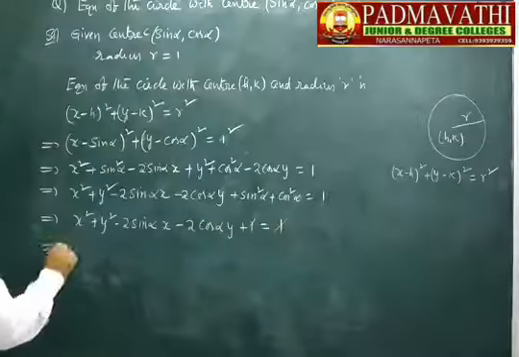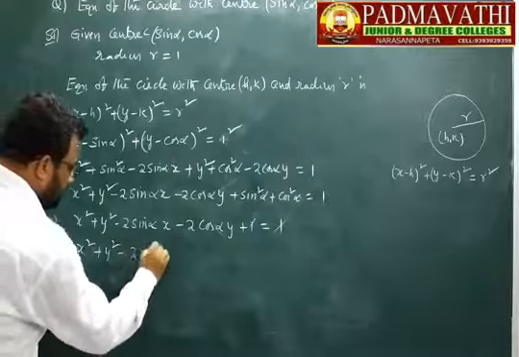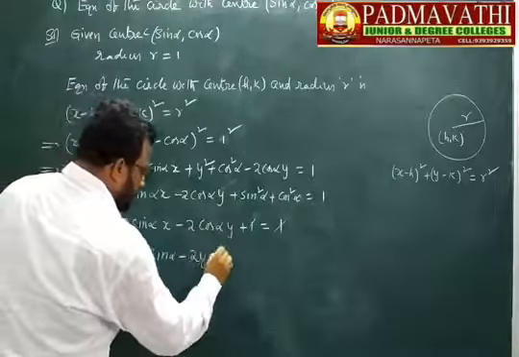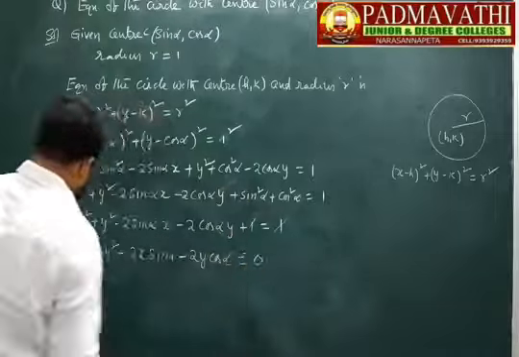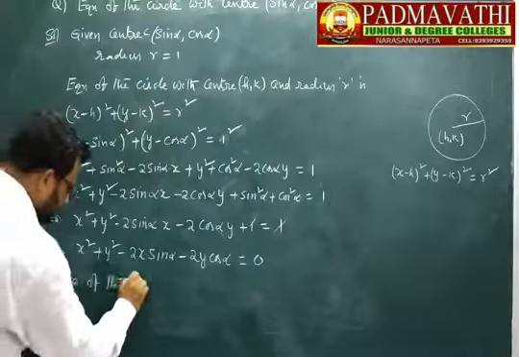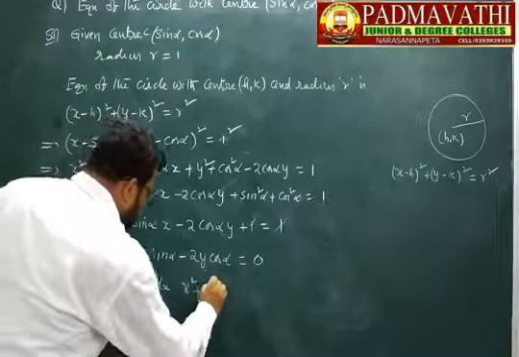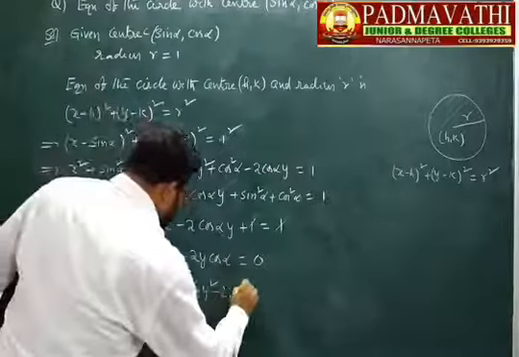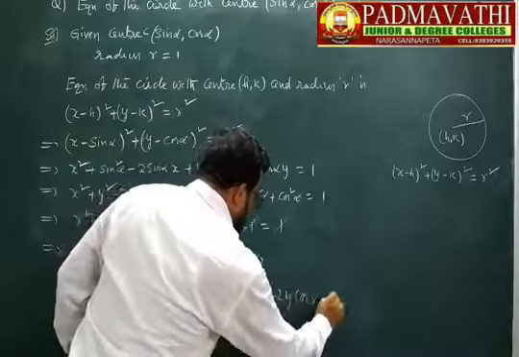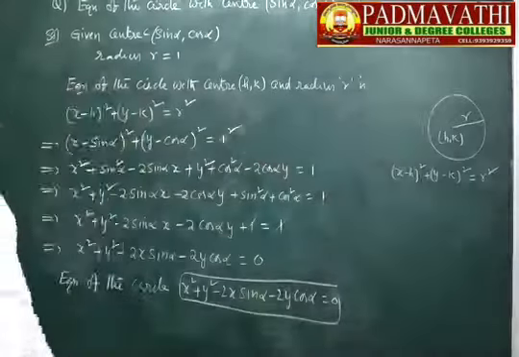That implies x square plus y square minus 2x sin alpha minus 2y cos alpha is equal to 0. Therefore, the equation of the circle is x square plus y square minus 2x sin alpha minus 2y cos alpha is equal to 0. This is the required circle equation.